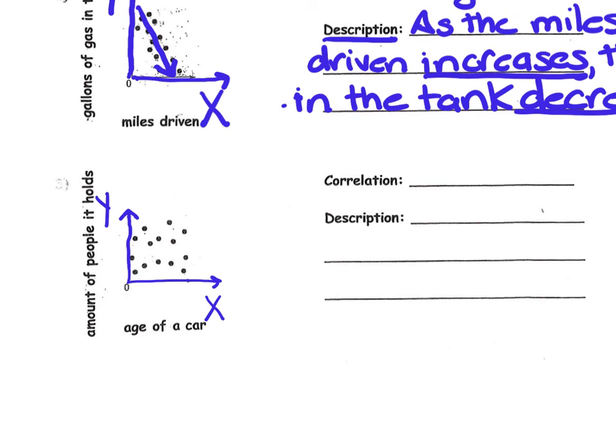So we can say there is no relationship or no correlation. And if there's no correlation or relationship, you can't write a description. This concludes page 3.